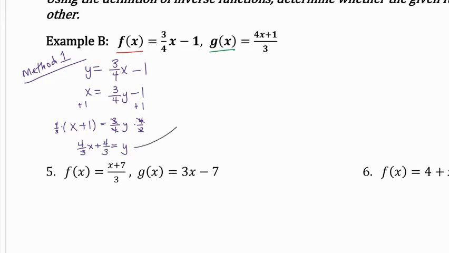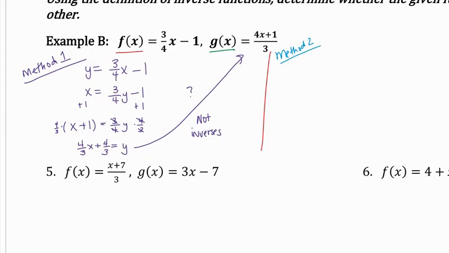Okay, so then I can look to see, is that a match? 4/3 x plus 4/3 would not be the same as, this looks like 4/3 x plus 1/3, right? So no, these are not inverses because those don't match, right? So there's one way to do it. The other way that you could check, if you want to see, so I can do method 2.